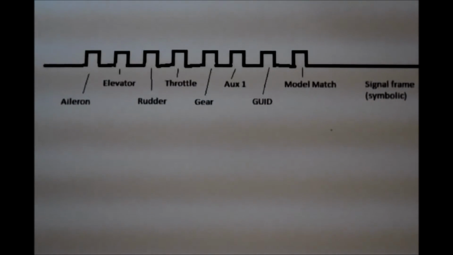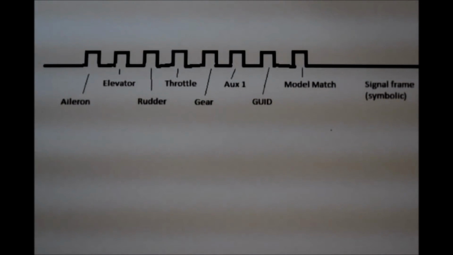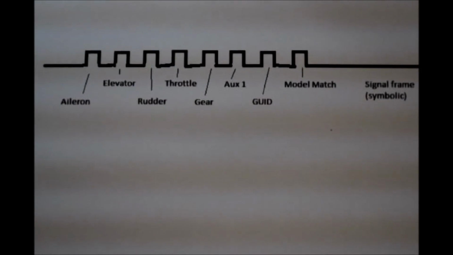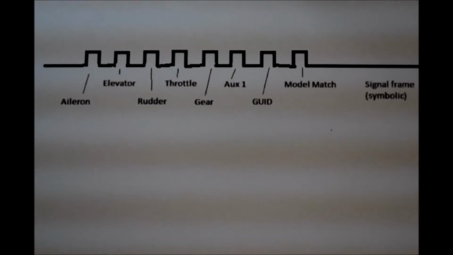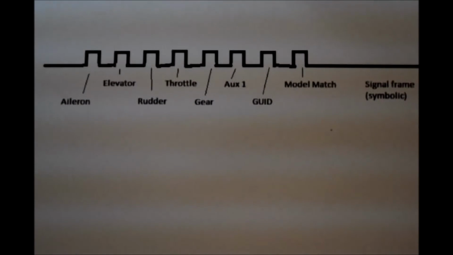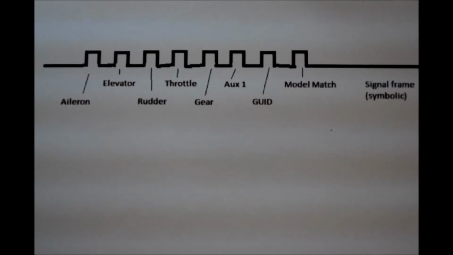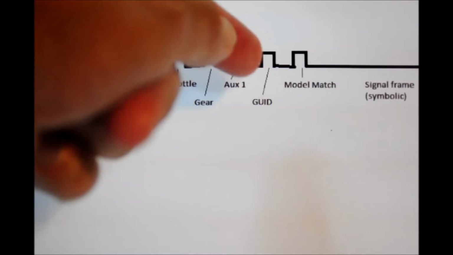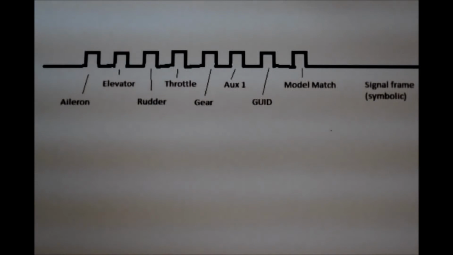Allow me to demonstrate. What I have here is a symbolic drawing of what the signal might look like within the signal frame. The raised squares are the individual channels of the signal and should look a bit familiar to your servo plug sequence on your receiver. So when you bind the receiver to the transmitter in most any system, the signal train will have this spot for the transmitter GUID. Now the receiver will know the signal hopping sequence to follow with the transmitter.